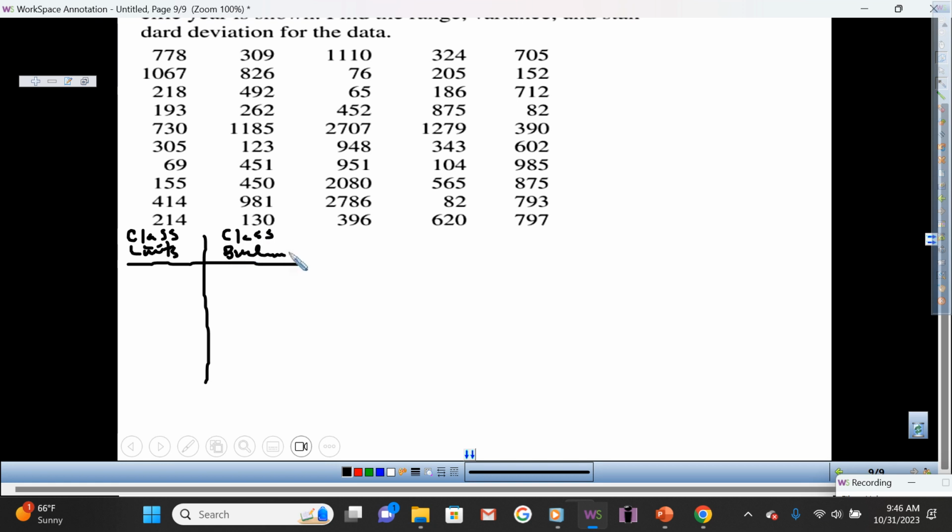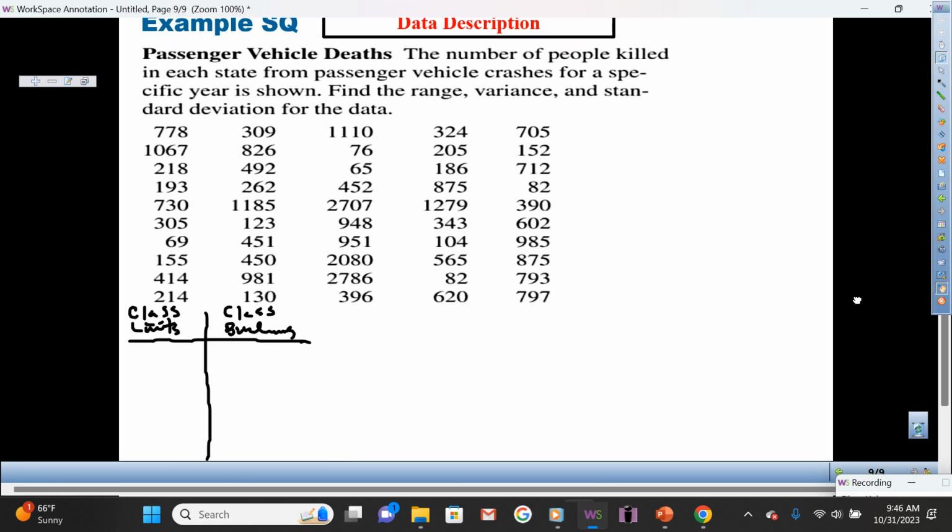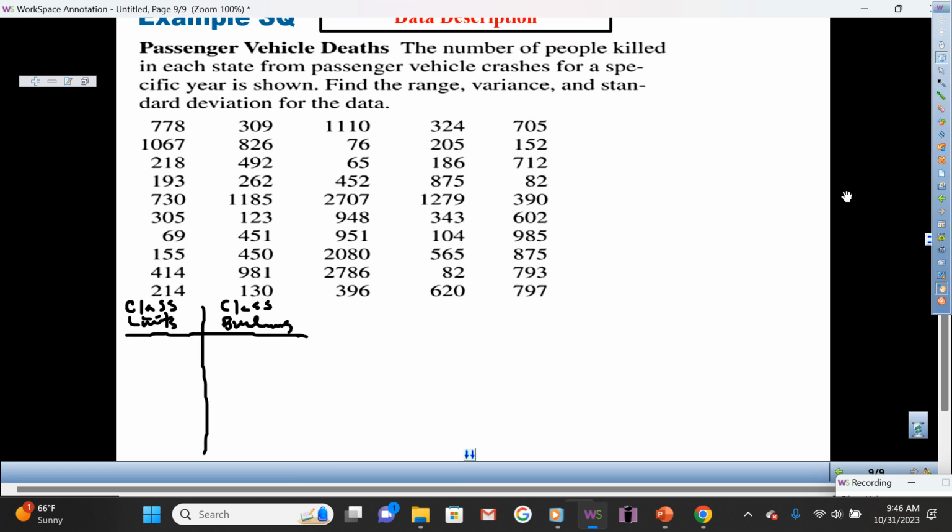From there we go to class boundaries. And you're saying, wait a minute, Mr. Q, but they didn't give us how many classes. So let me ask you this. We have 1, 2, 3, 4, 5, 6, 7, 8, 9, 10. We have 50 data. How many classes do you want to divide that into? Think when we did our tables, guys.